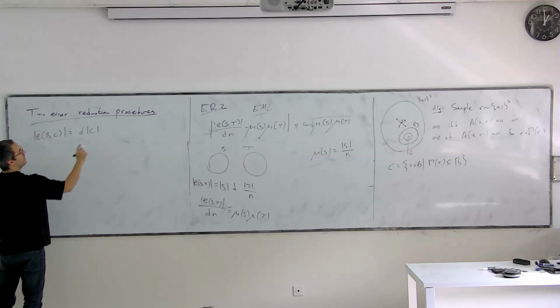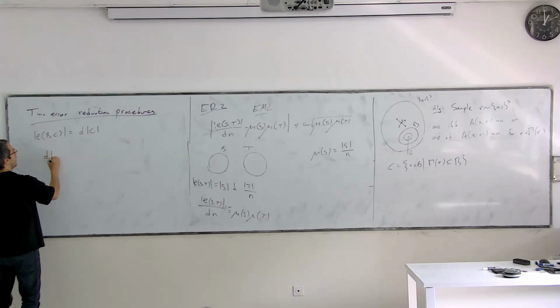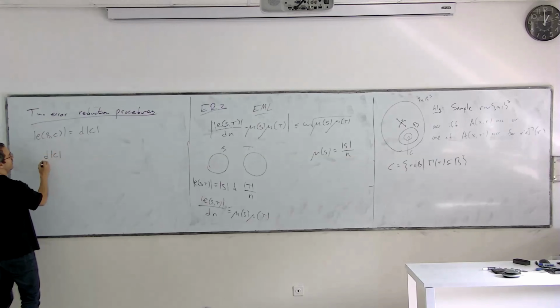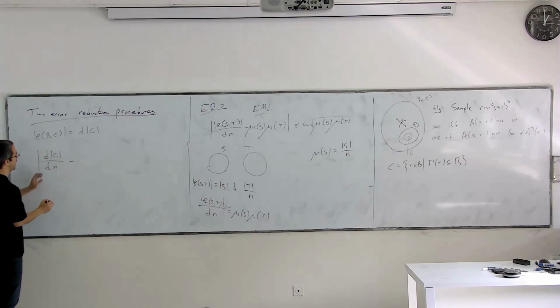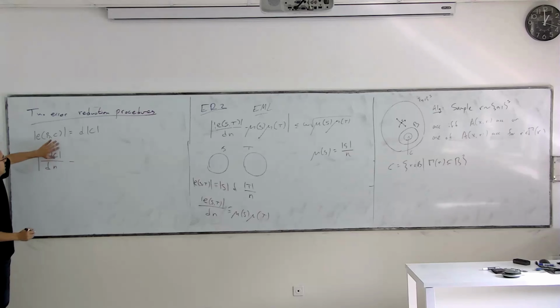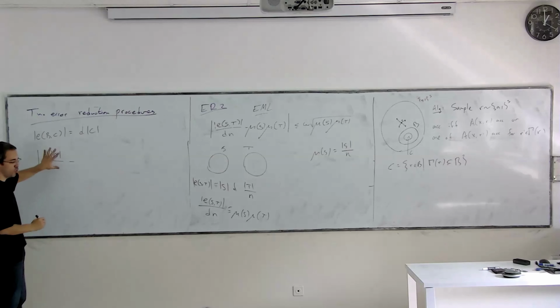So plugging that into the EML, we have D times C, that's C, divided by D times M. So that's already the density of C, which you want to show is small.